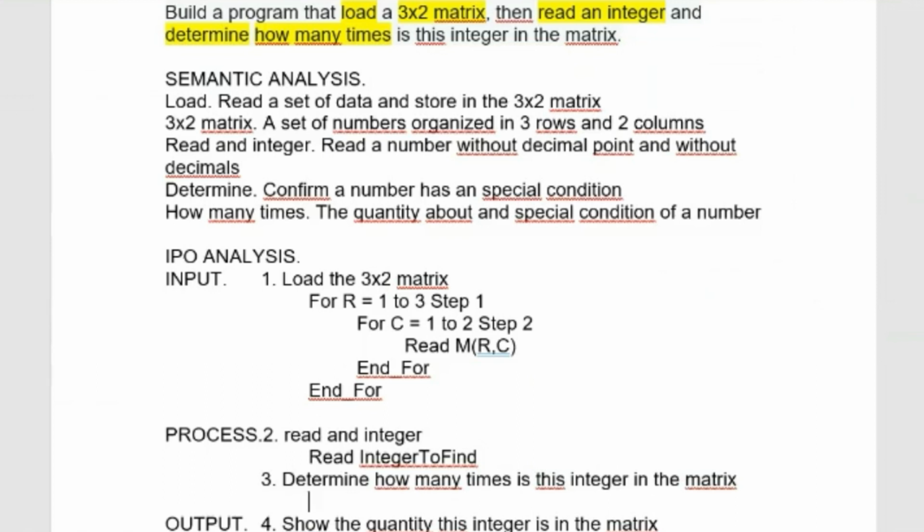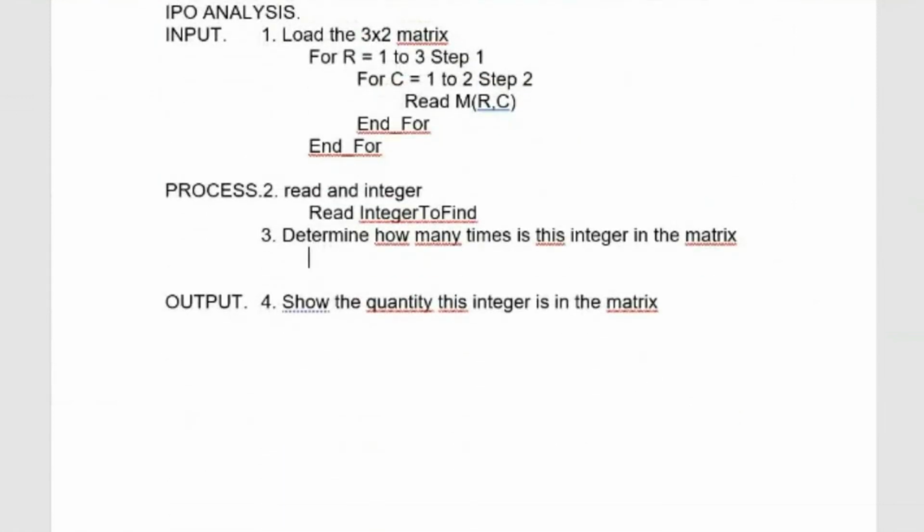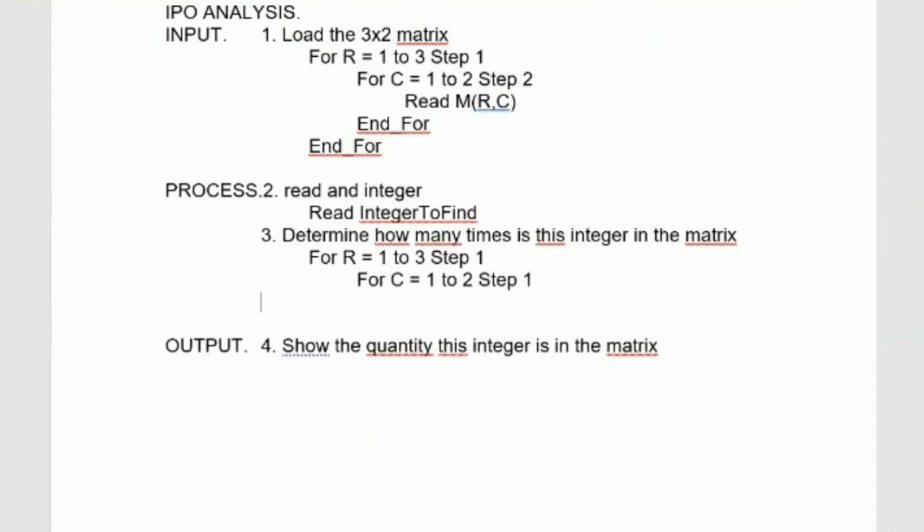So let's use again the for loop, and for R for rows from 1 to 3, step 1, and then for C for columns from 1 to 2, step 1.